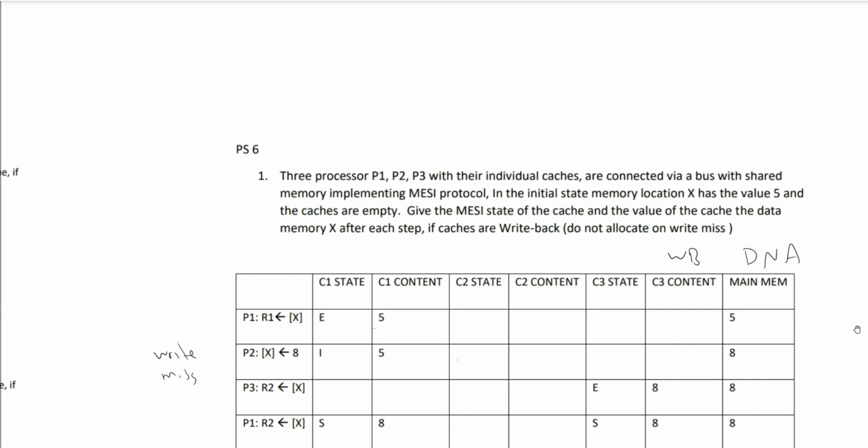Because you can have do not allocate on write miss, but you can still have misses on reads, and then it'll still bring it to the cache. And if you have a write back policy, it will be in the cache because on reads you always bring it to the cache. So you could have modified state even with do not allocate on write back.